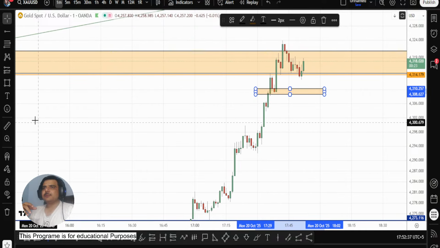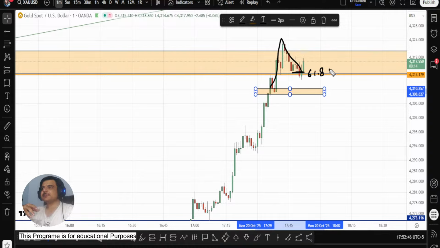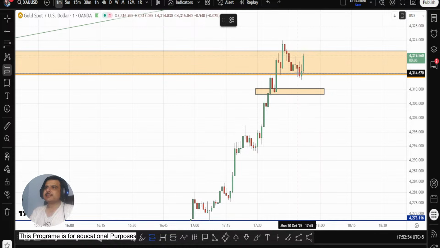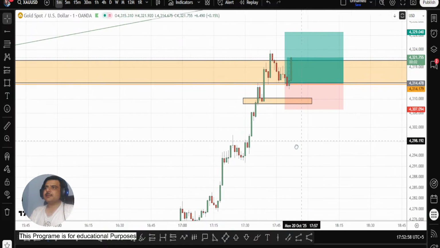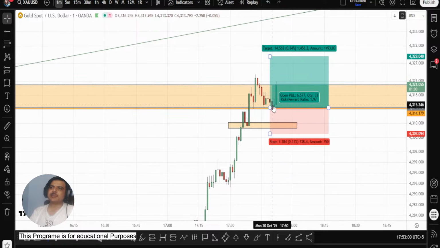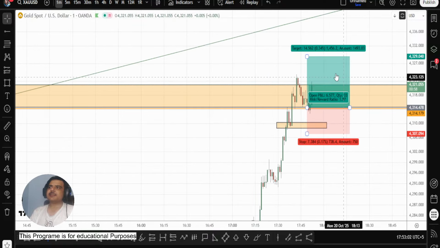Now see why these bulls entered right here. Because even on the 1 minute time frame, if we see, this is a 61.8% retracement. So they see this idea inside it. Let me show you. They are anticipating, okay, if our stop loss is hit, it's hit.